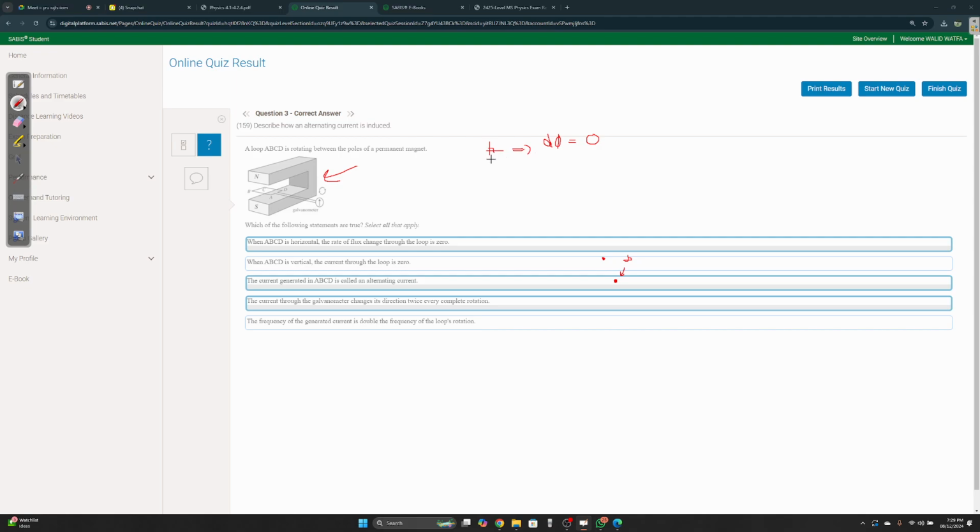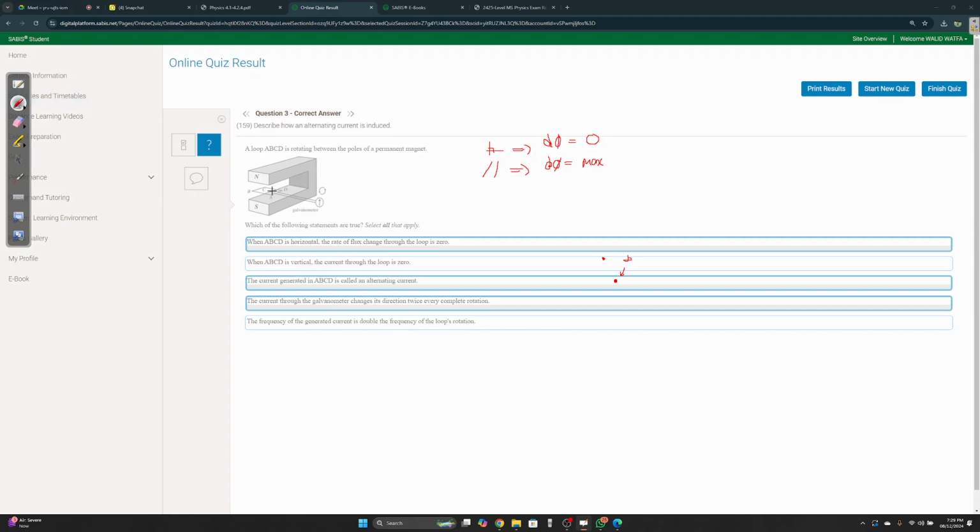When it's parallel, dΦ is maximum. Here they're saying it's horizontal, so it's perpendicular, which means the rate of change of flux is zero. When ABCD is vertical, the current is zero.